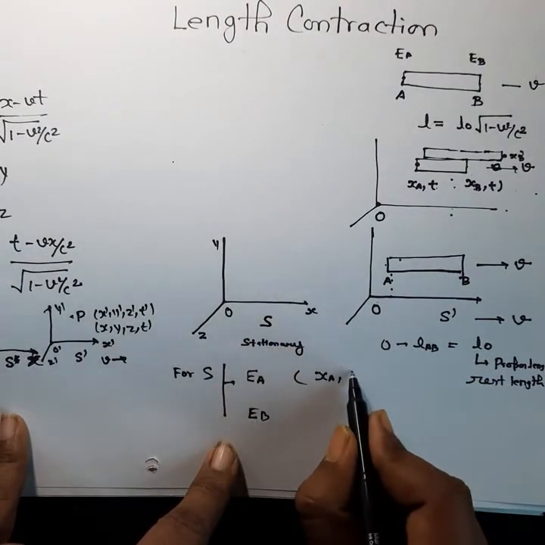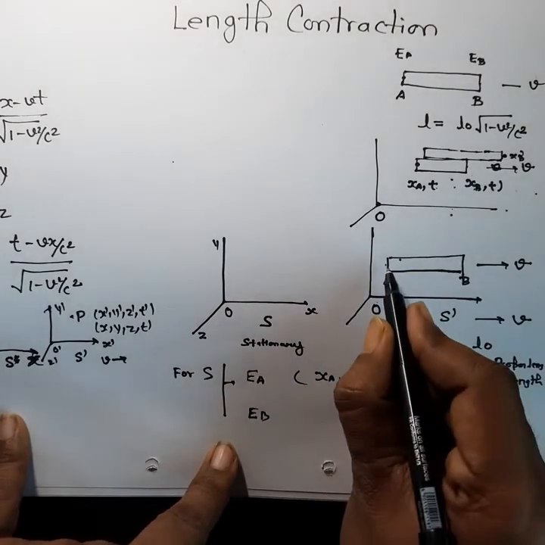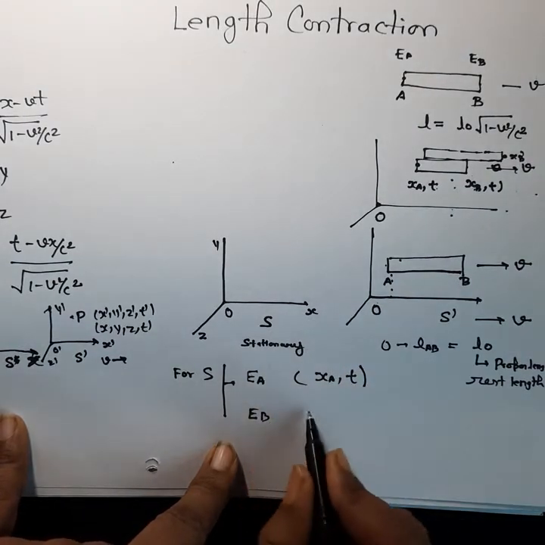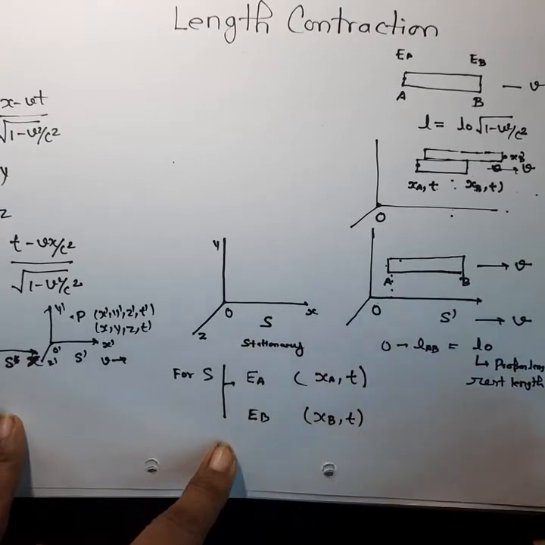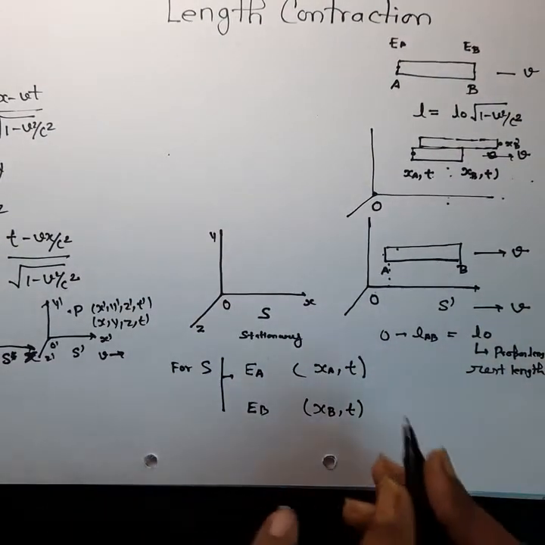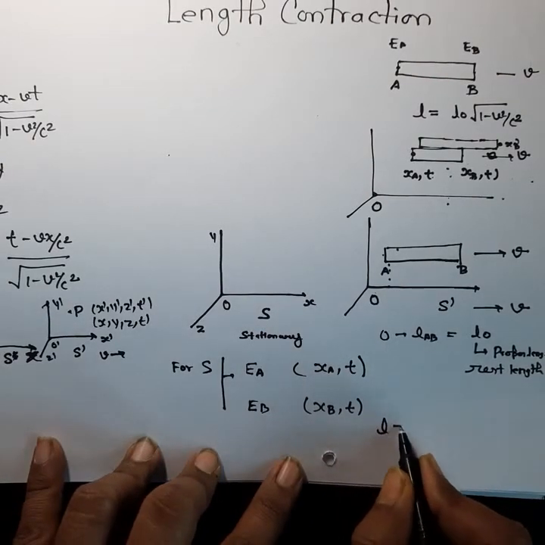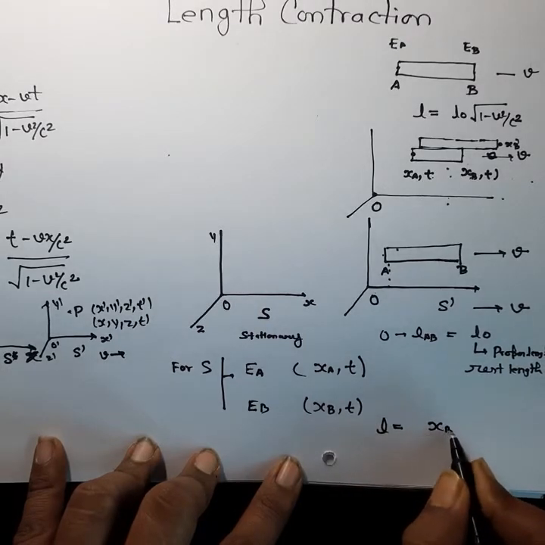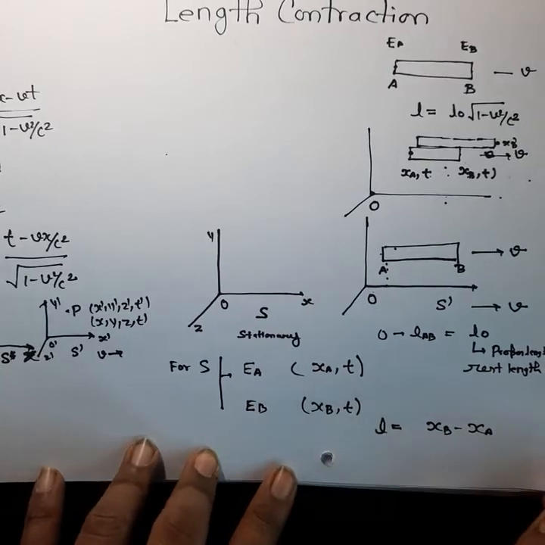Since he has to do the simultaneous measurement, let's consider that he measures this point at time t. Similarly, for event EB the coordinates will be xb and t. So for this observer the length of the rod will be L is equal to xb minus xa. I think there should not be any doubt here.